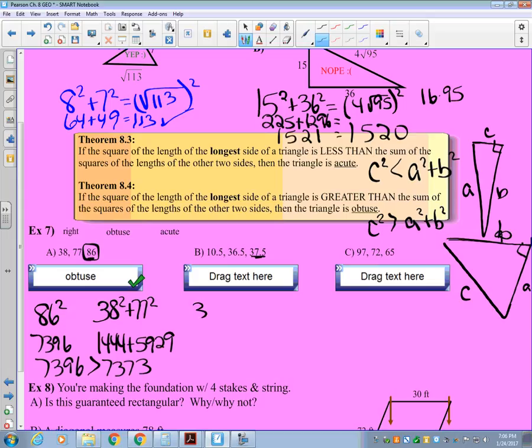So we are going to do the same thing. 37.5 is our hypotenuse, so we got 37.5 squared, and we're going to compare it to 10.5 squared plus 36.5 squared.